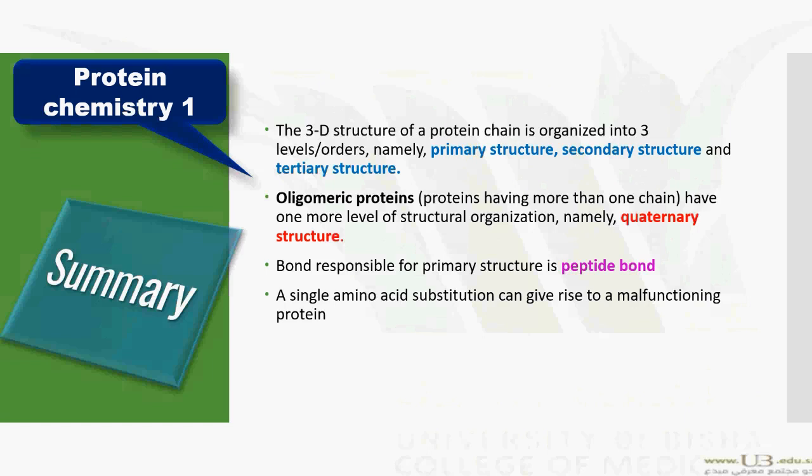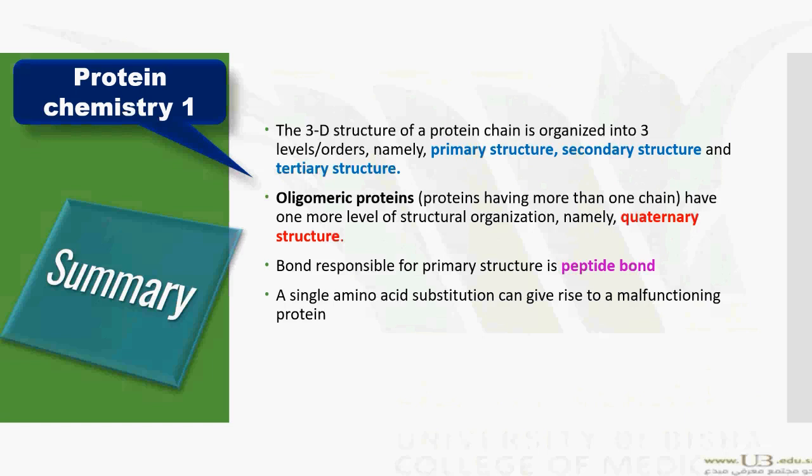So, in summary, the three-dimensional structure of the protein is very important and is achieved by the four levels, namely the primary structure, which is related to the skeleton of the polypeptide chain of the amino acids, linked by either peptide bonds or disulfide bonds or sulfur bridges.